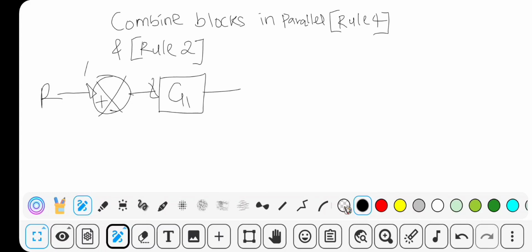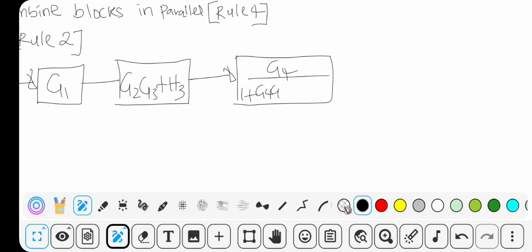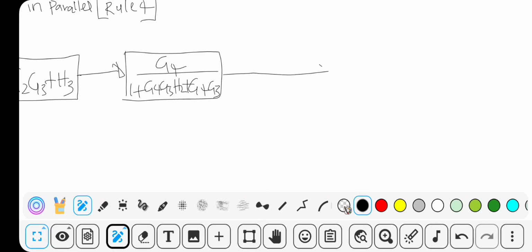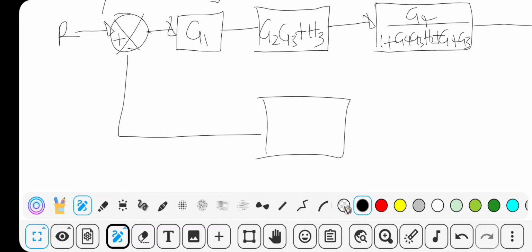G1, G2 G3 plus H3, G4 over 1 plus G4 G3 H2 plus G4 G3. Output, this will be H1.